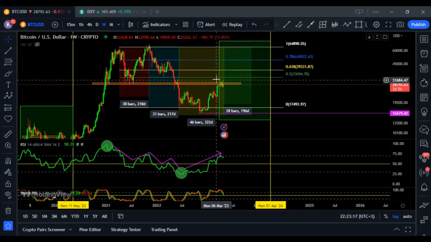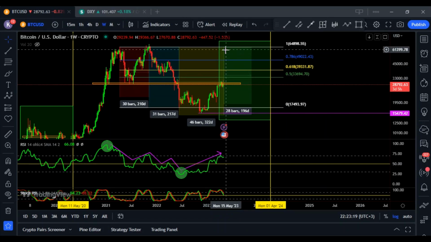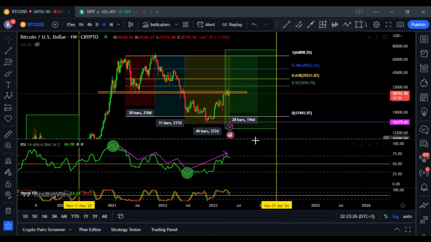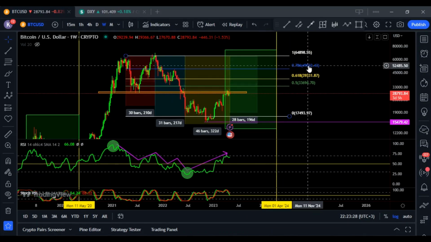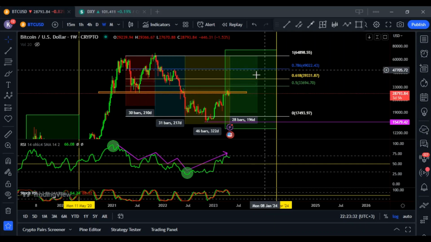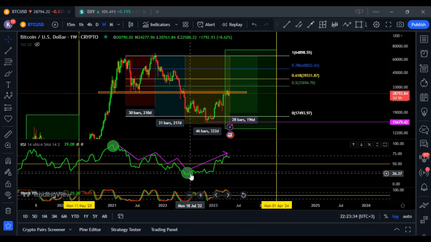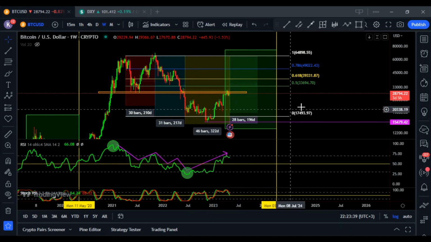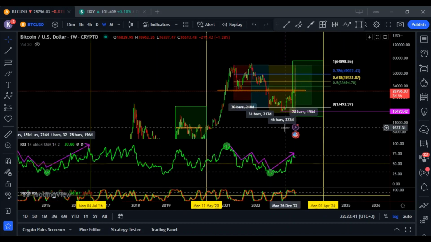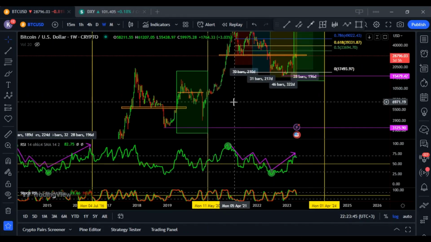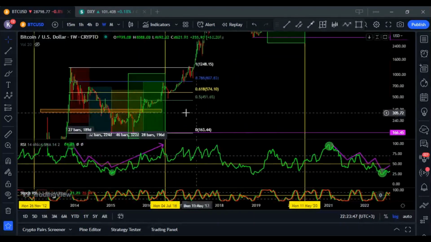Okay, so we're still on track, went into the green with 196 days left and a target of the 0.786 Fibonacci retracement. So again, based on Fibonacci and based on RSI, we are exactly on track, jumping from zone 3 into zone 4 with an amazing similarity.